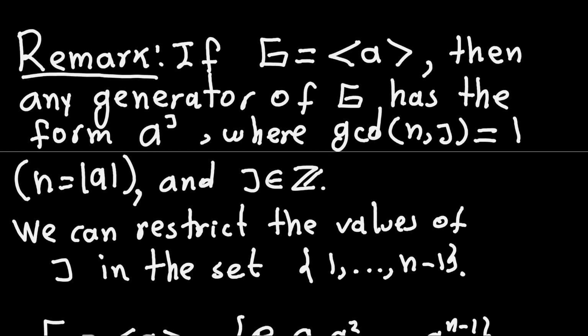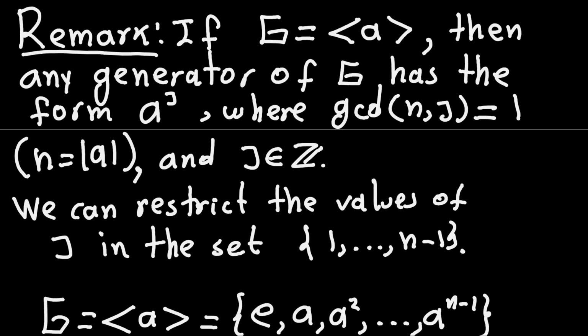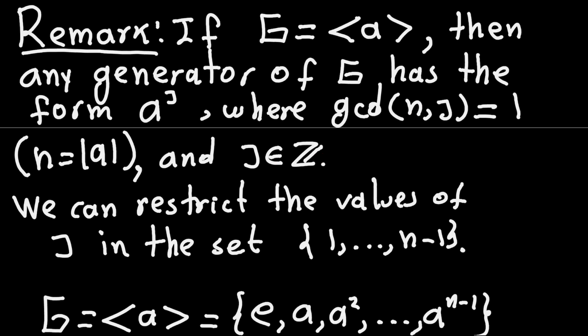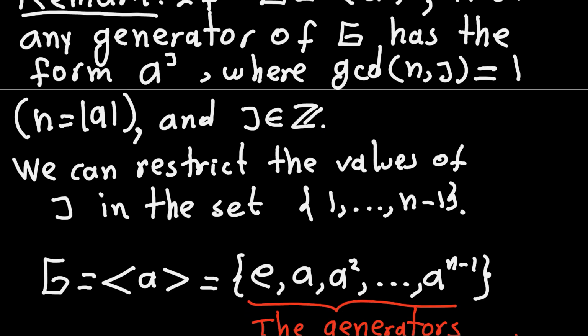So any generator of a cyclic group of order n has the form a to the j, with this j here being an exponent that is related to n in this way: the greatest common divisor between n and j is 1. Now, there's a lot of integers, of course, but you don't have to look at all of them. You can restrict the values of that j to this set. Why is that?